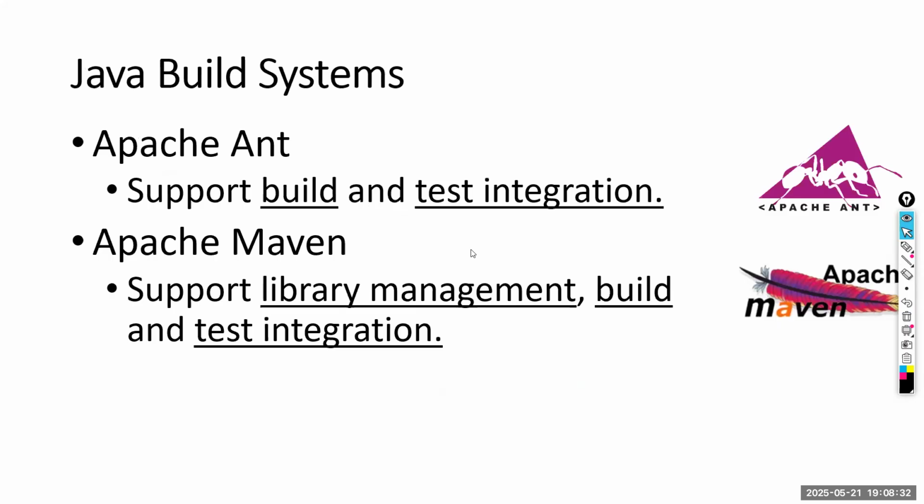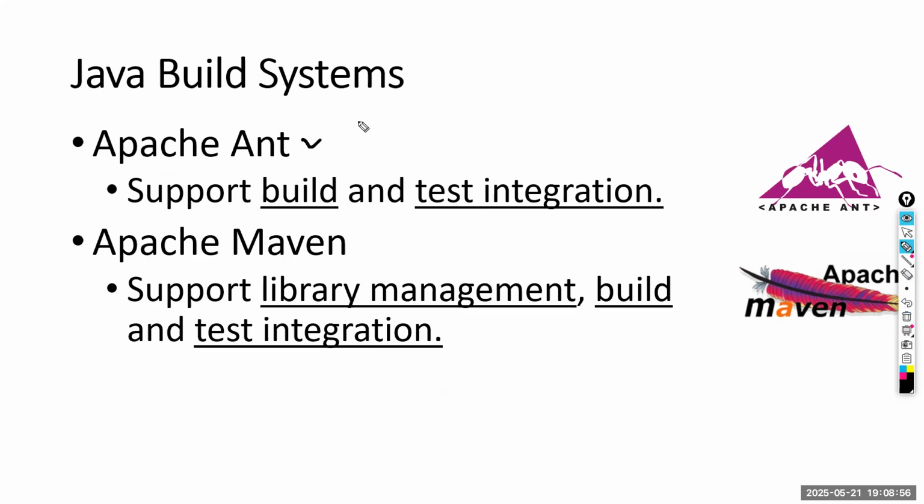Right. When it comes to Java build systems, because this is about Java, we have two major build systems. Build system means building your software project: compile, make Java files, WAR files, and so on. The two major build systems for Java are Ant and Maven. Both are Apache projects.